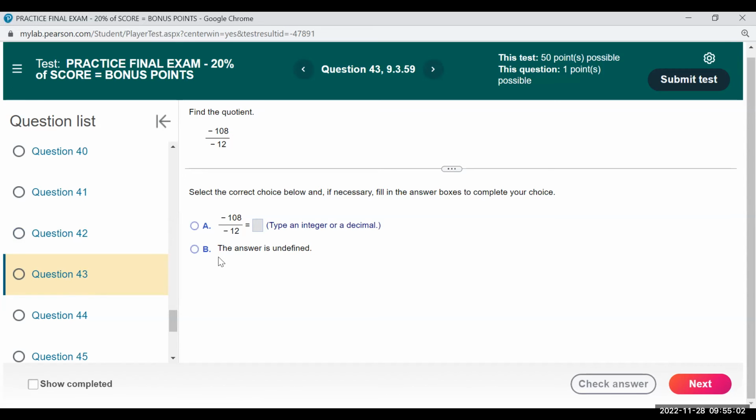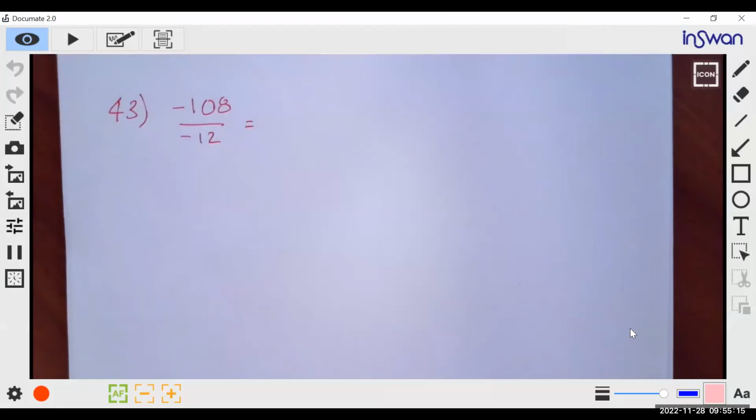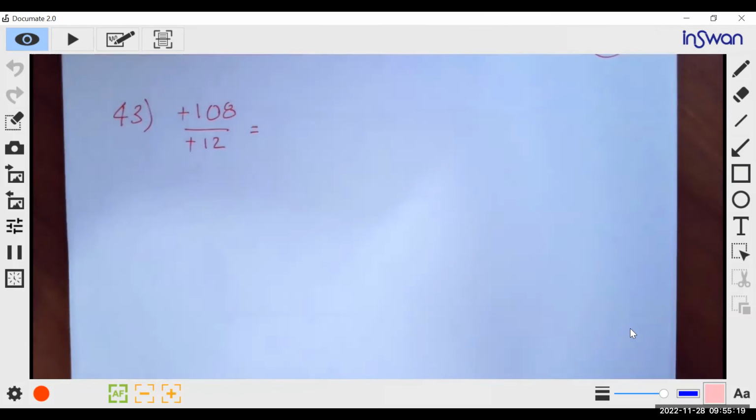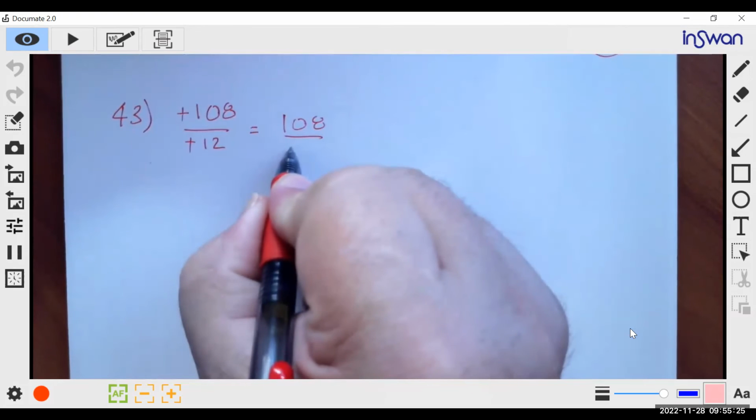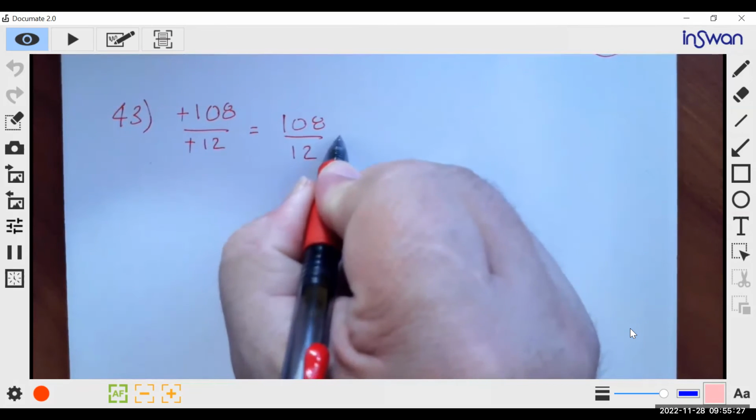-108 divided by -12. Is the answer going to be positive or negative? Positive, because the negatives cancel out. So what number goes in both of those?